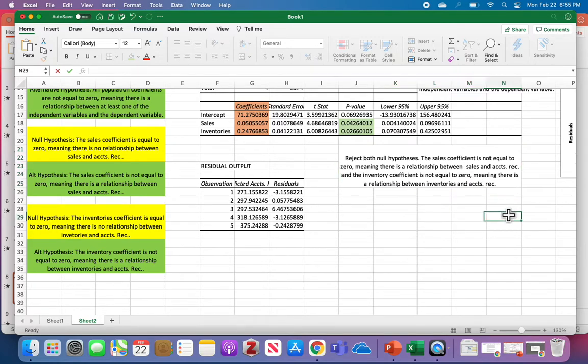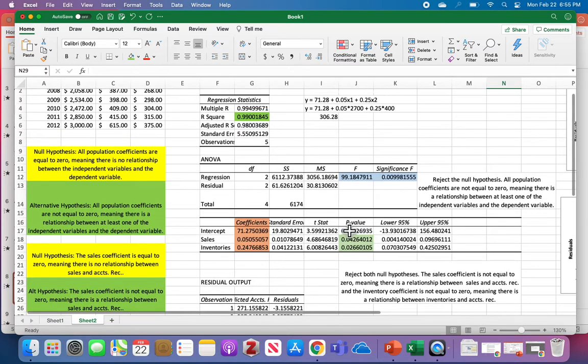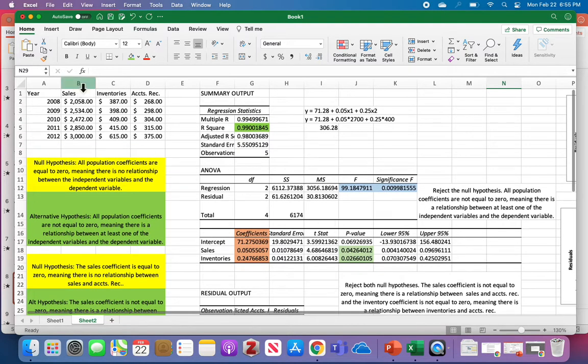All right, so that's what we do with those three hypotheses. And that's what it tells us about our three variables.